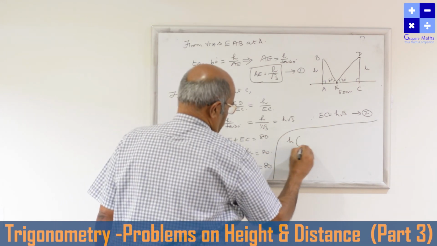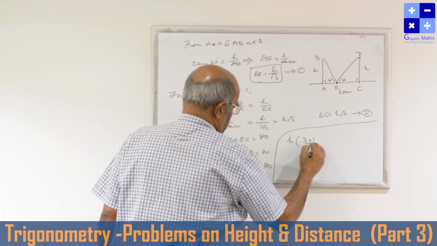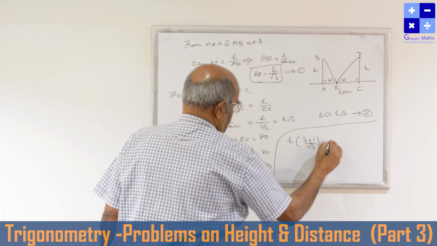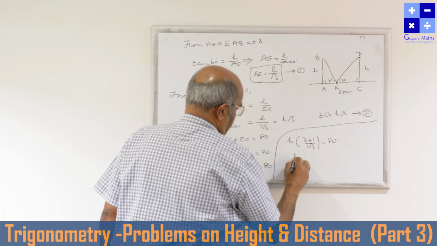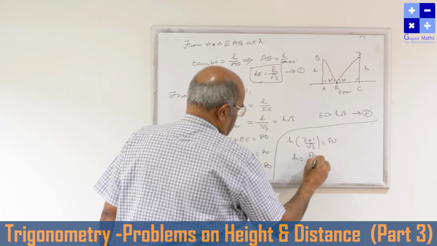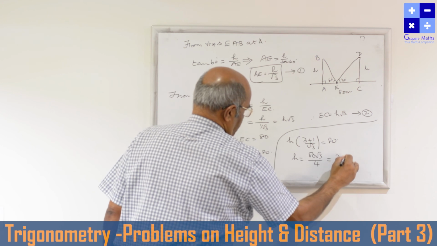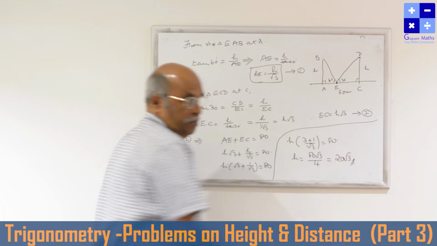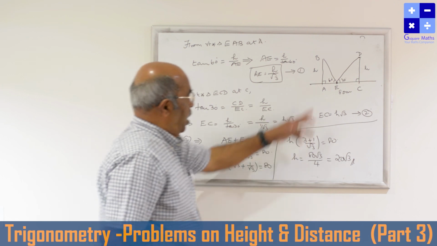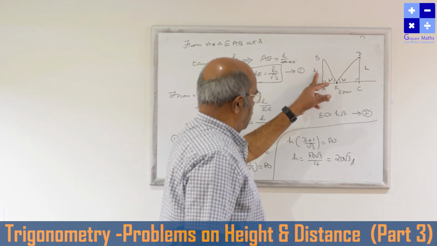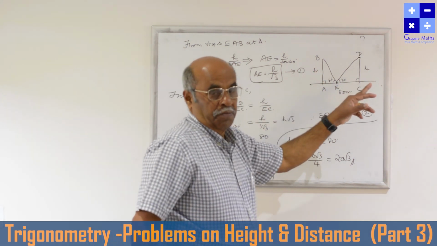Therefore, H into 3 plus 1 by root 3 is equal to 80. Therefore, H is equal to 80 root 3 by 4, that is 20 root 3. So, height of the pole, this also 20 root 3, this also 20 root 3.